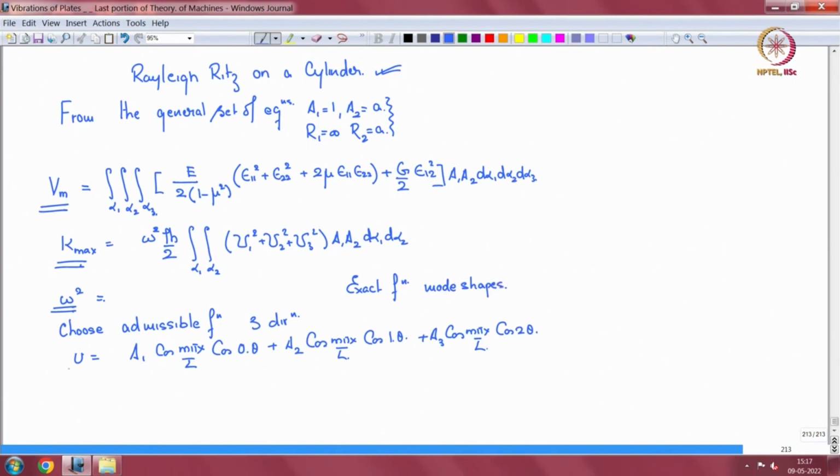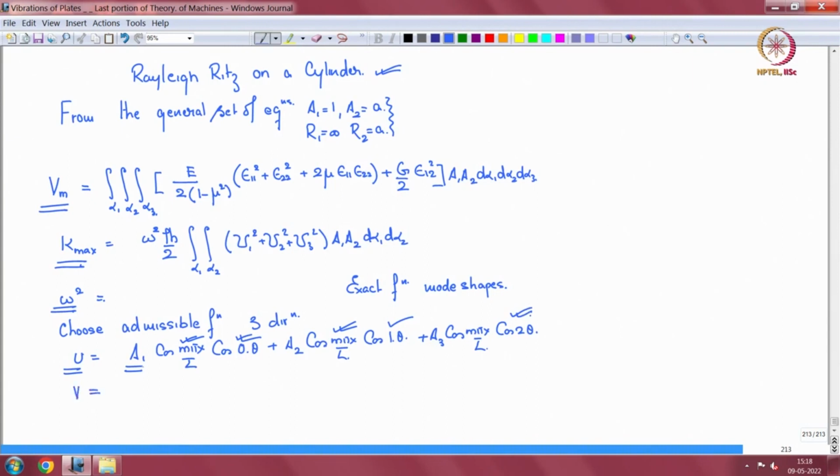So, the u you choose as A1 cos m pi x over L cos n equal to 0 theta, which is the mode shape. Then A2 cos m pi x by L cos 1 theta, and A3 cos m pi x by L cos 2 theta. I have chosen till 2 in the theta direction.